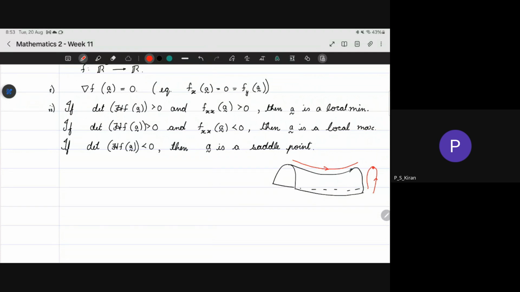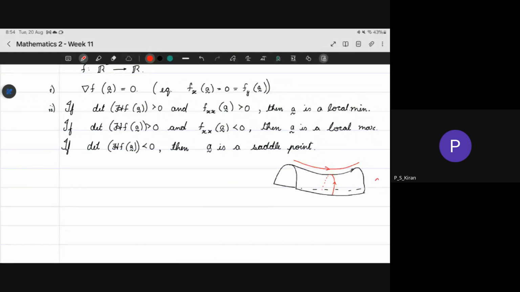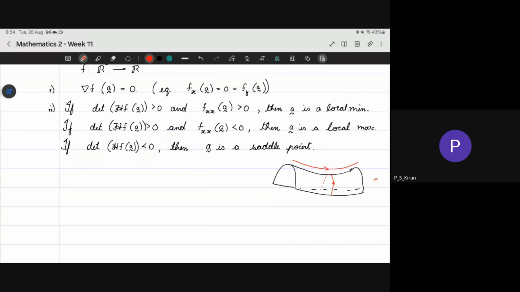There are two directions, one along which the function behaves like a minimum, and another along which it behaves like a maximum. I hope you understand what I mean. It is this direction, as you move into the frame of the screen. Along that direction, the value, say the Z coordinate in an appropriate graph, is the maximum for this curve, and this value is the minimum for the other curve.